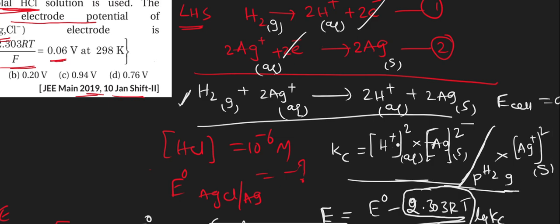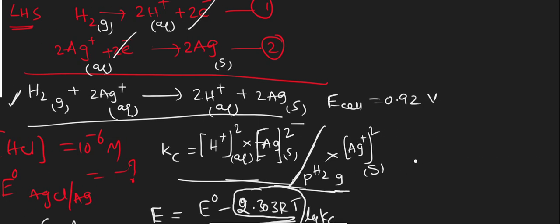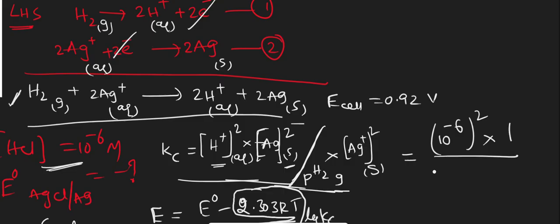Now I am substituting the data into this Kc. H plus, as per the data, is 10 power minus 6, whole square. As per the data, H plus in aqueous solution means the acid concentration, which is 10 power minus 6, whole square, into silver solid. We know that the concentration of a solid is considered as 1, divided by the pressure of H2 gas, which in the question is given as 1 bar, into another solid, so we take 1 square.